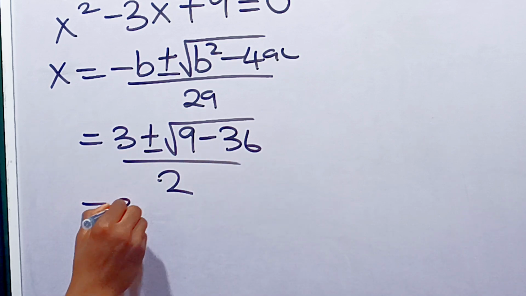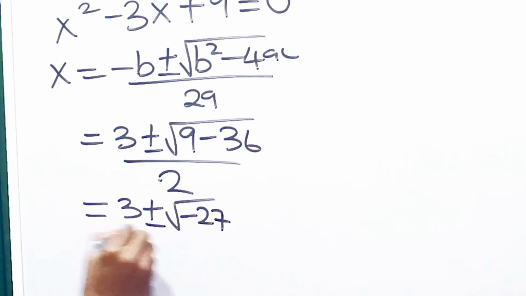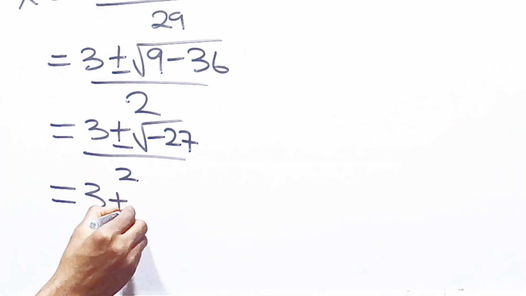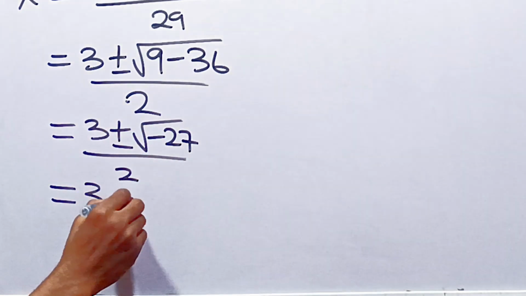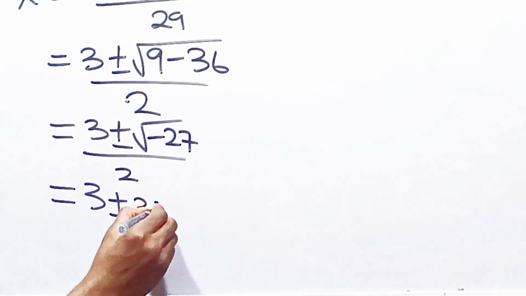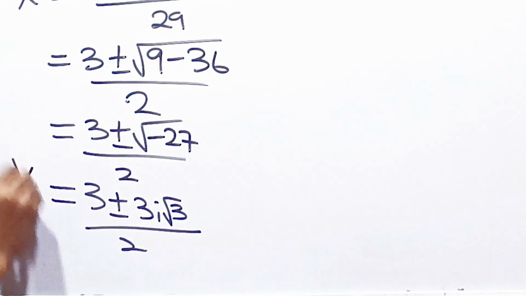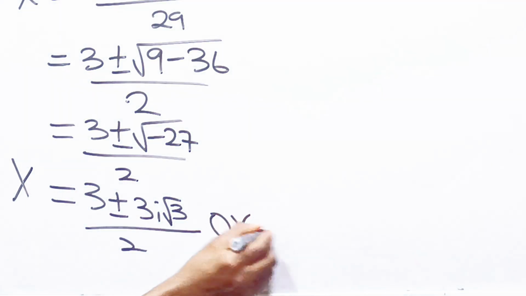This is equal to 3 plus or minus root of negative 27 all over 2, which is equal to 3 plus or minus, this is 9 times 3, which is 3 root 3. So we have 3i root 3 divided by 2. This is our x. And remember that it's either this or negative 3. So we have all of these.